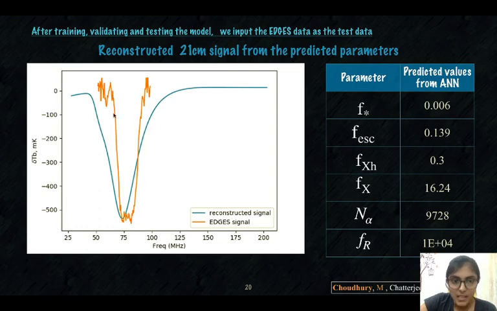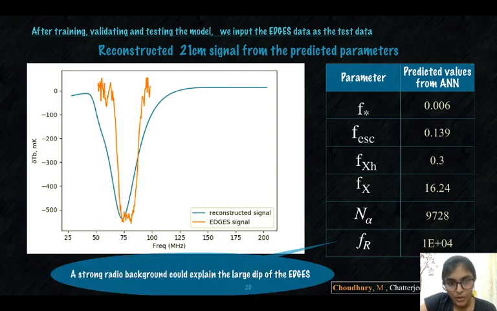But it has been able to predict pretty well the depth of the signal, or the depth of the absorption trough. So we can say that a strong radio background could possibly explain the large tip of the EDGES quite well if taken. So that's all.